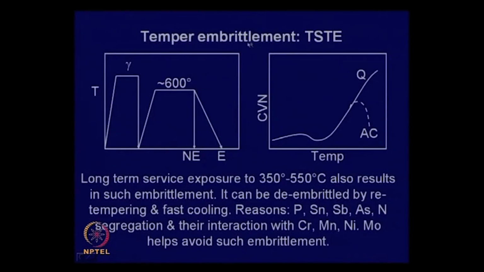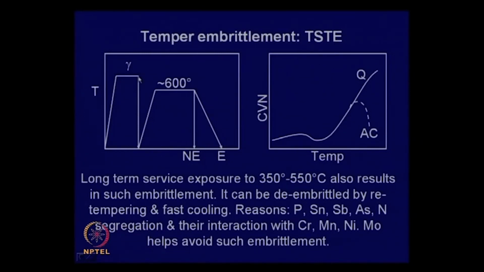Now, temper embrittlement, which is actually a 2-stage process. It takes place when you heat it to the susceptible temperature range, and this is shown here.